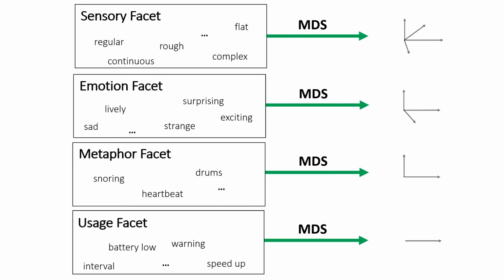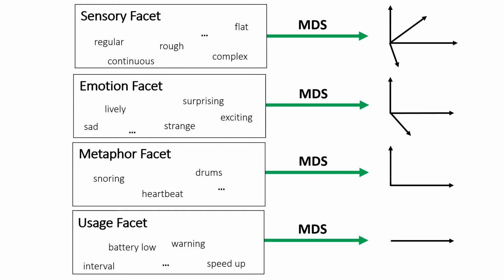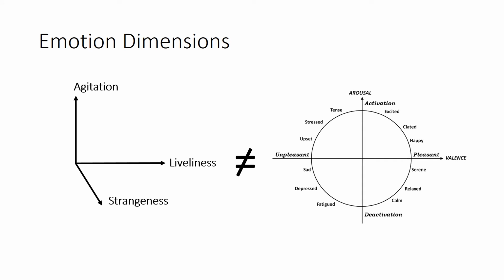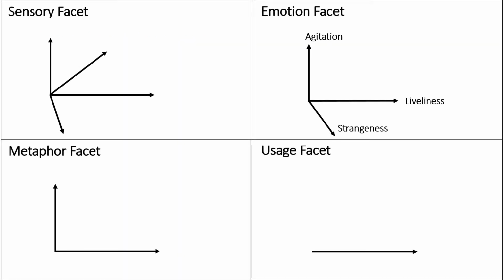Applying MDS to the facet properties led to a set of dimensions that structure the flat list of facet properties into a continuous space. For example, for the emotion facet, we found 3 dimensions of agitation, liveliness, and strangeness. These dimensions are more nuanced than the generic valence and arousal dimensions used in the previous studies. Similarly, we derived a number of dimensions for the other 3 facets.